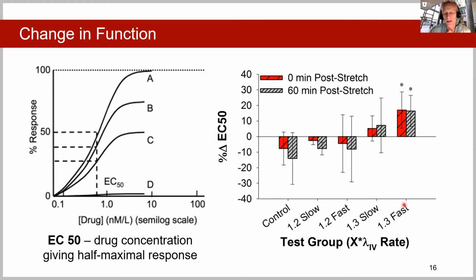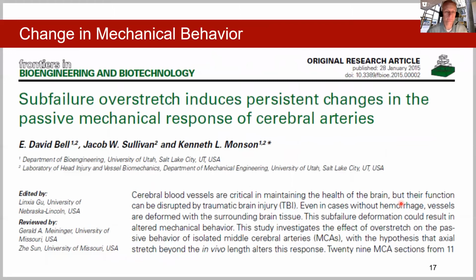Okay, so that was an interesting thing for us to observe, that the function of the blood vessel was altered more when it was stretched by more extreme amounts and at higher rates. So that, of course, suggests that maybe that sort of change could be expected in a traumatic brain injury.